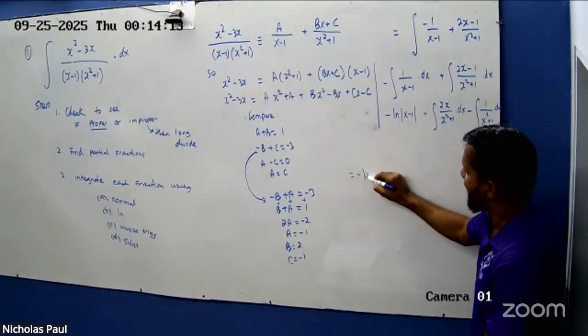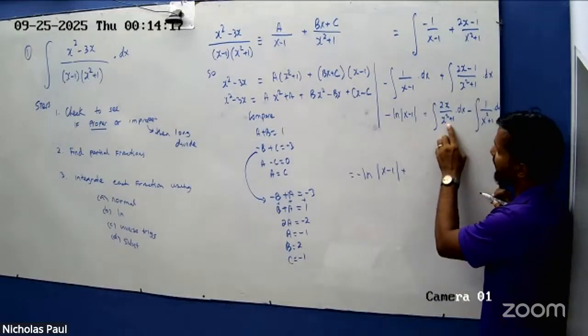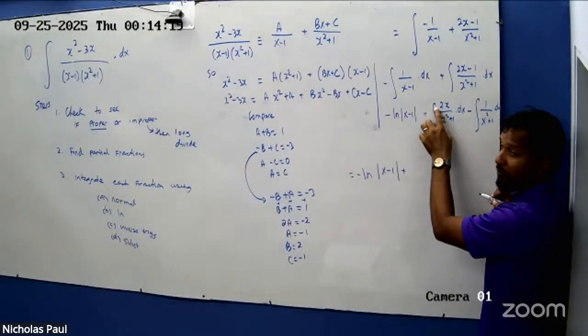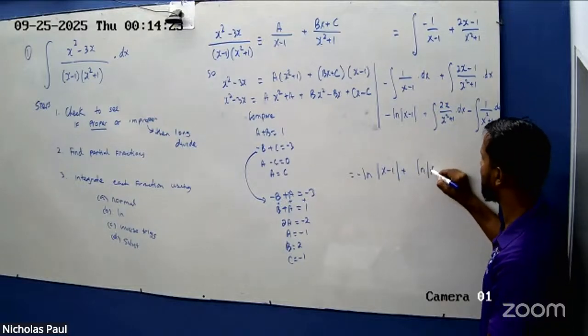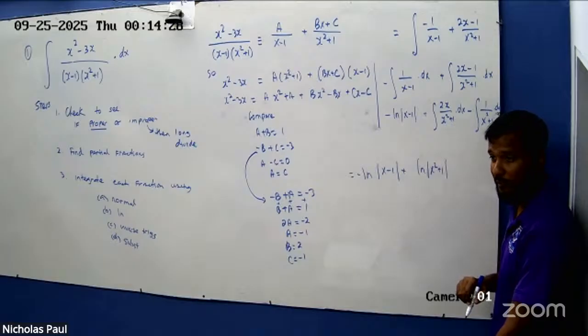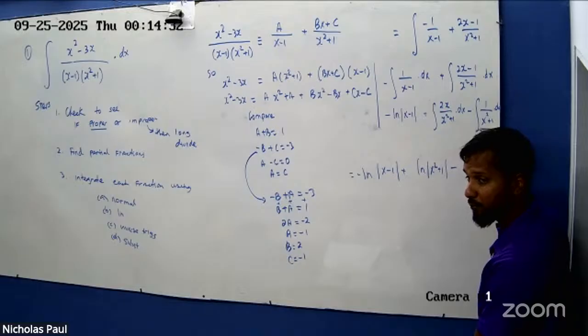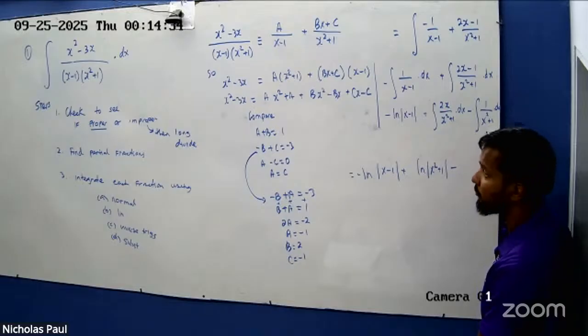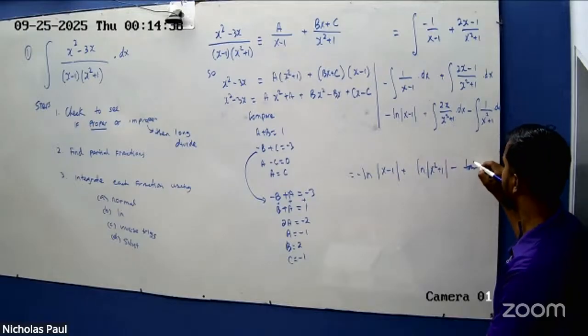So now, what do I end up with? I have minus ln x minus 1 plus, what's the differential of x squared plus 1? 2x. So I can write ln x squared plus 1. You see that? What's the integral of 1 on x squared plus 1? I gave you that. Tan inverse, right? So that will be tan inverse x plus c.